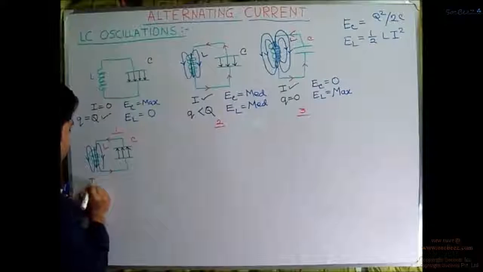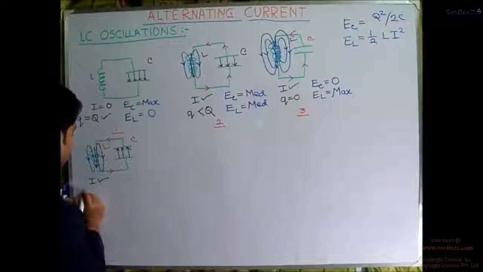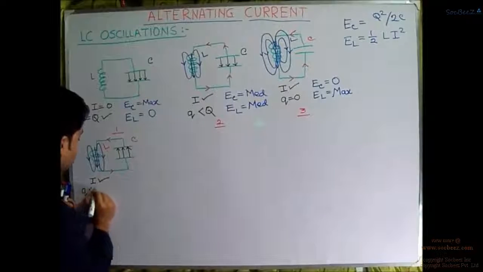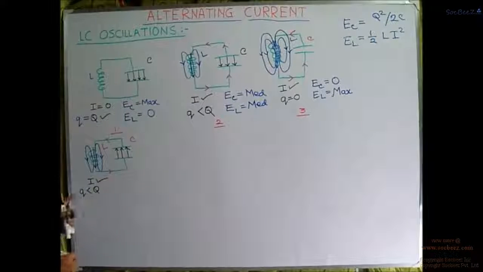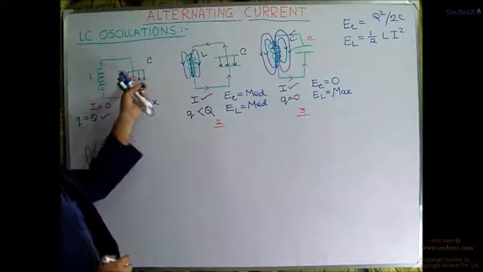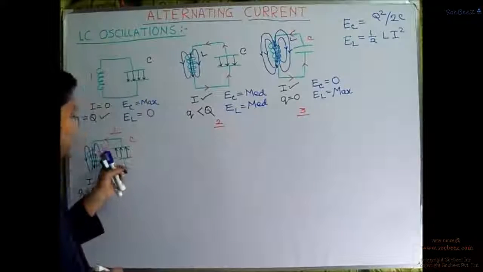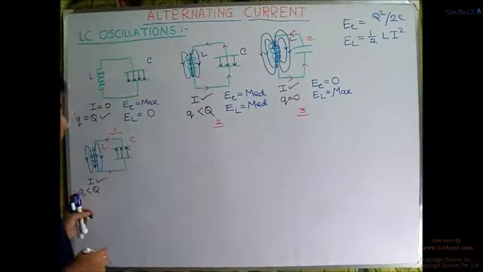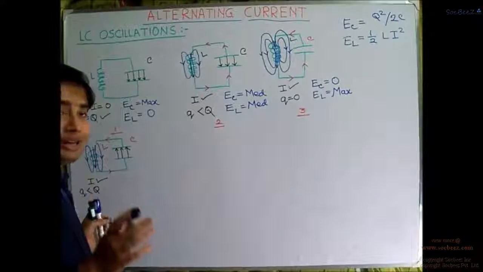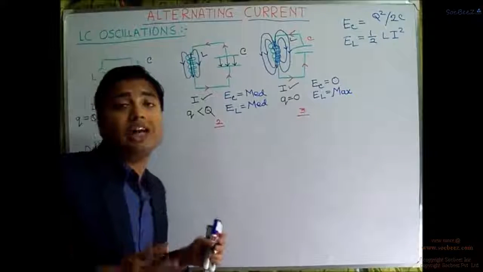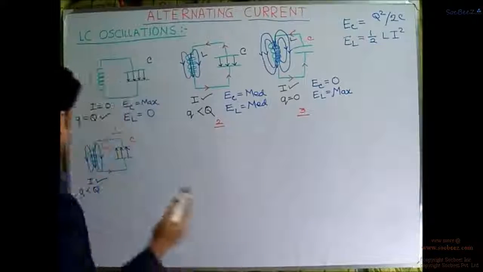So I is present, but Q is lesser than this Q, because this is the maximum of 4 lines, but over here we see 3 lines. So obviously the amount of charge will be lesser than the total amount of charge present initially.